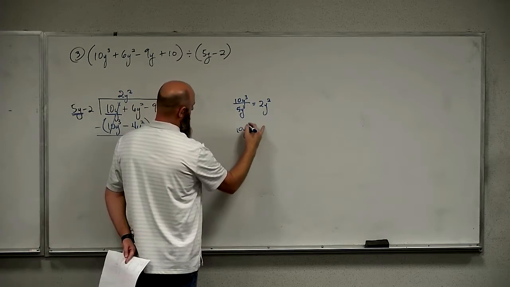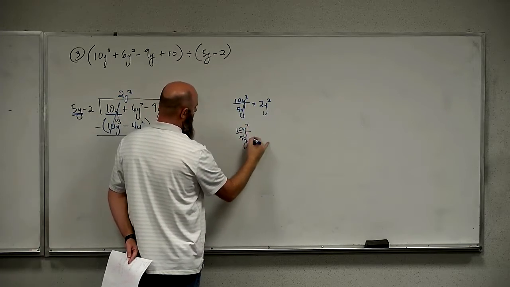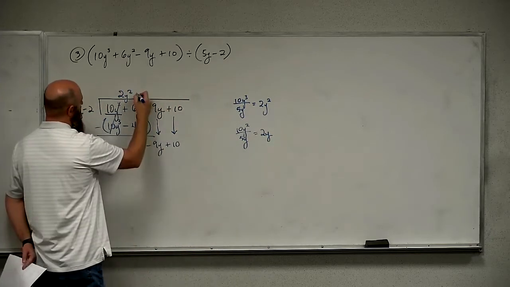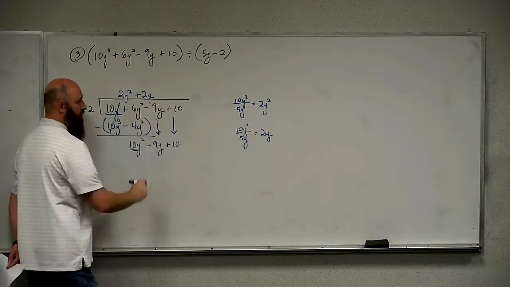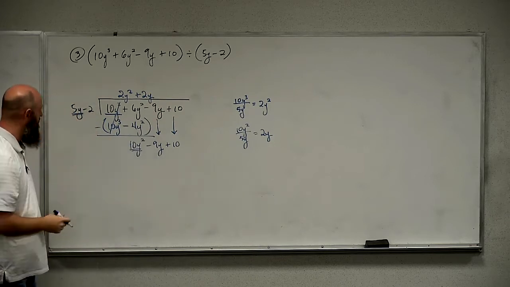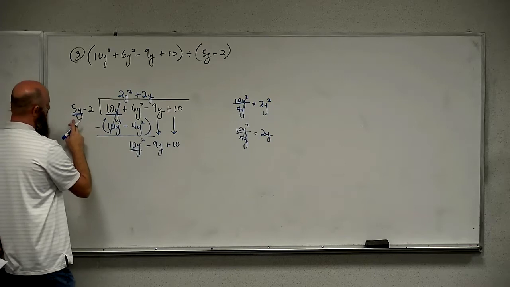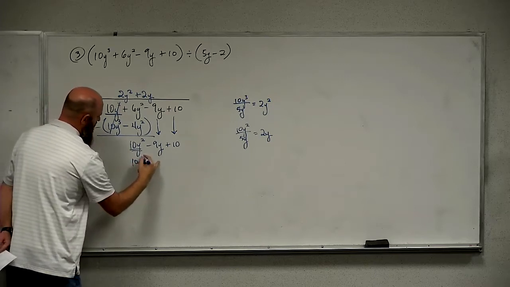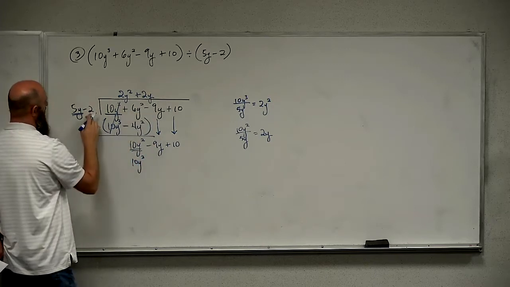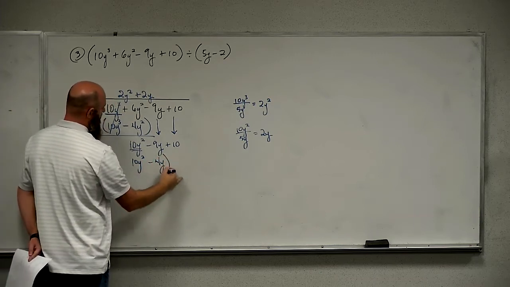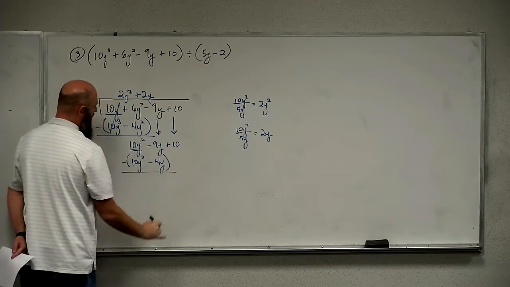So do that to the side. 10y squared divided by 5y is going to give me a positive 2y. So plus 2y. All right, 2y times 5y is 10y squared. 2y times -2 is a -4y. And we're going to subtract that off.